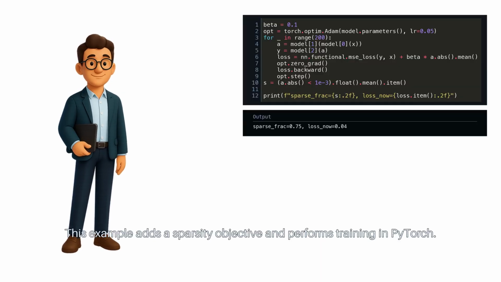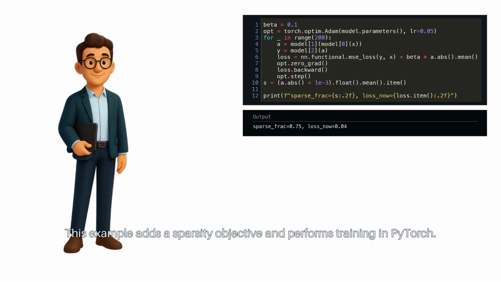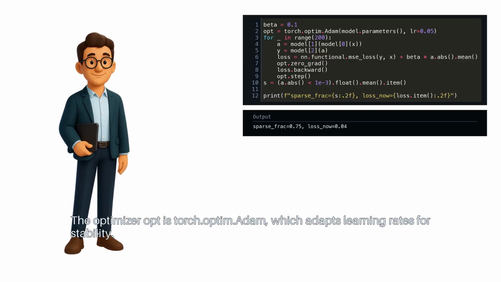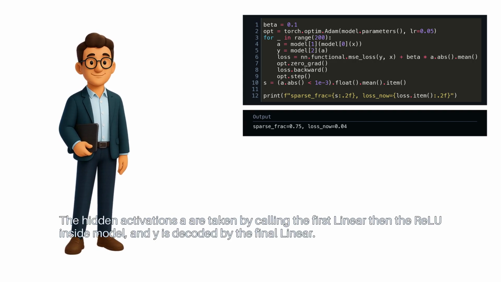This example adds a sparsity objective and performs training in PyTorch. The optimizer opt is torch.optim.Adam, which adapts learning rates for stability. The hidden activations A are taken by calling the first linear, then the ReLU inside model, and Y is decoded by the final linear.